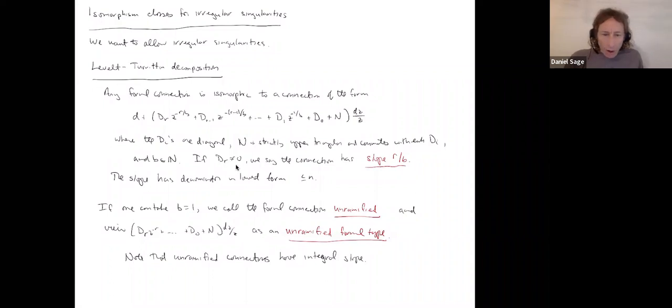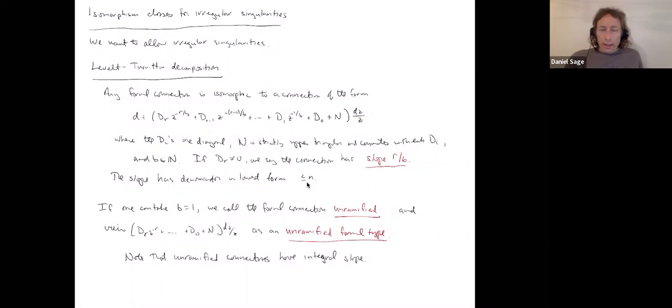And if d_r is not equal to 0, we say that the connection has slope r over b. It's an invariant. And the slope in this GL_n case has denominator b smaller or equal to n.